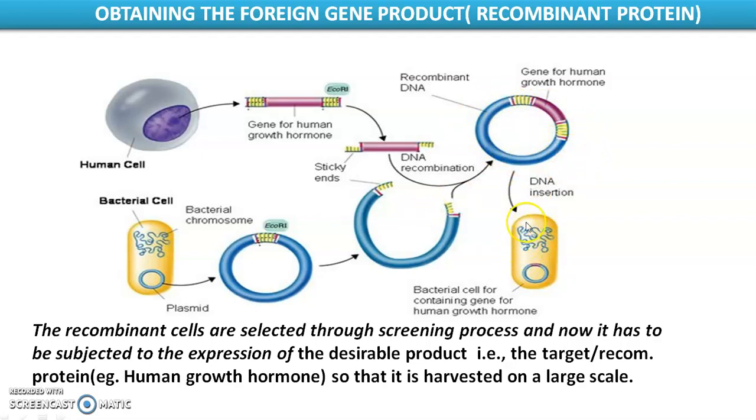competent. Then there is a screening process to check whether the cells have taken up the recombinant DNA with the gene of interest or not. There are methods of screening, like selectable markers present on the vectors, which will report to us that the gene is carried in. So when we have the recombinant cell, how do we take care of getting the protein produced by them?